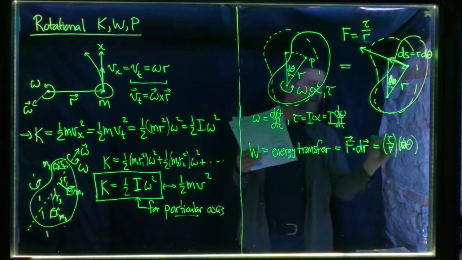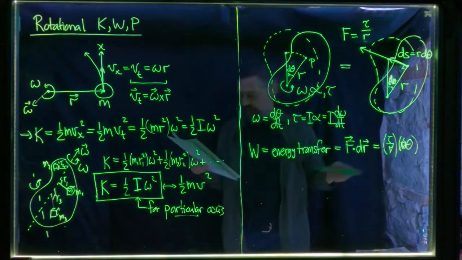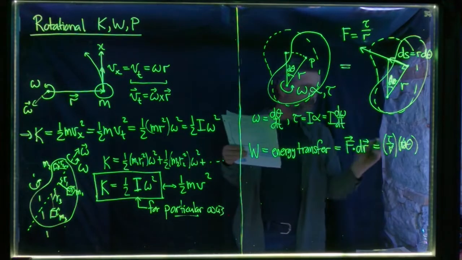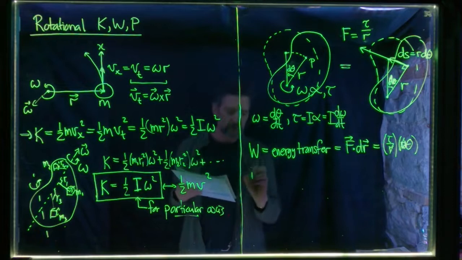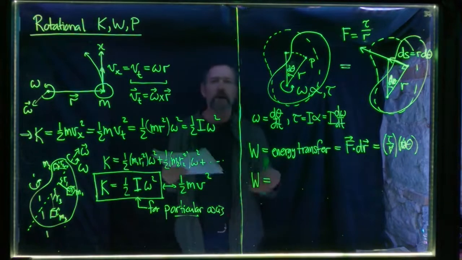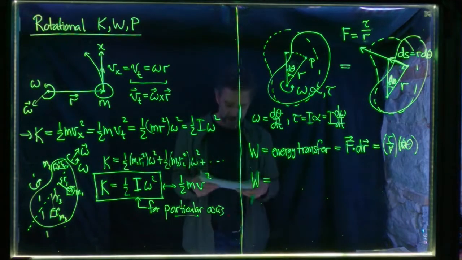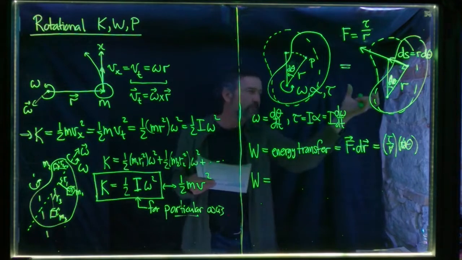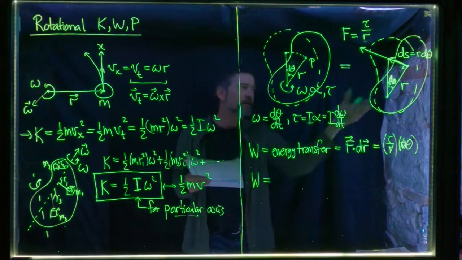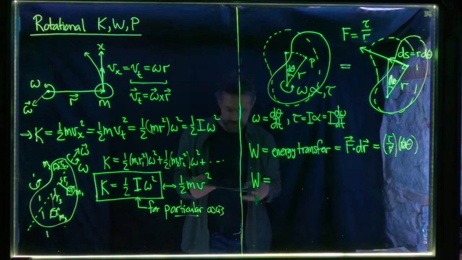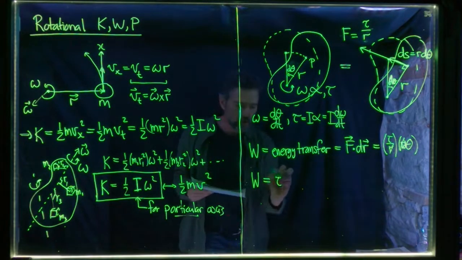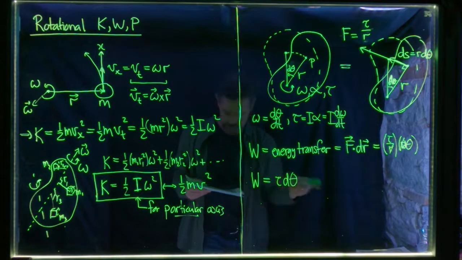But the result is, of course, independent of r, and that's just equal to the torque times d theta. So what we find is this general result: the energy transferred, the work done by that twisting force tau through that infinitesimal angular displacement d theta, is just the torque times d theta.